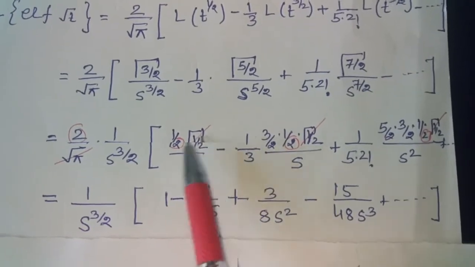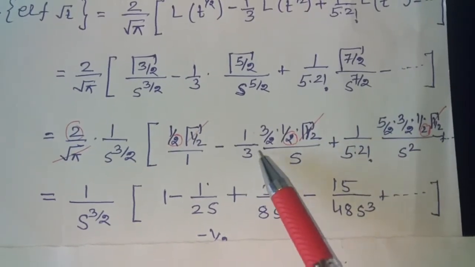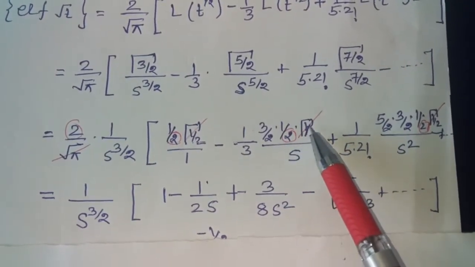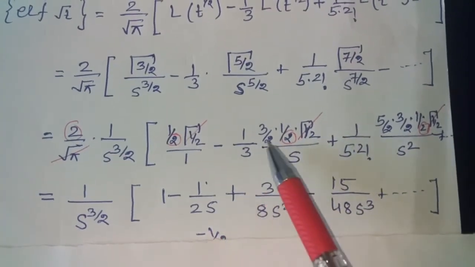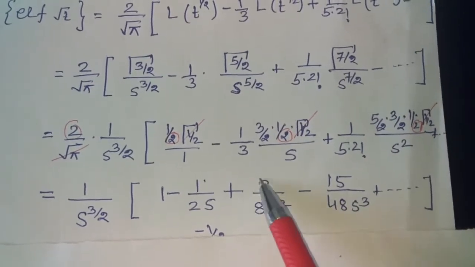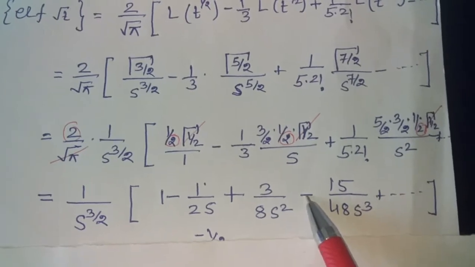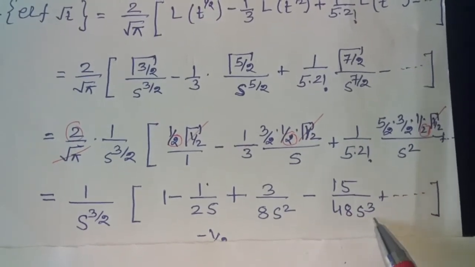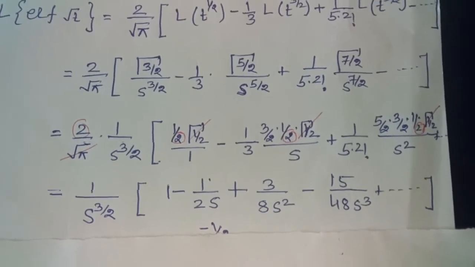Gamma half is root pi, already cancelled. Minus here 3 to 3 cancel. This 1 by 2 is common. Gamma half root pi is already cancelled. So we have 1 upon 2s. Plus from here we get 1 by 3 8 s square. And in next term we will get minus 15 by 48 upon s cube plus so on. So this is the remainder expression.